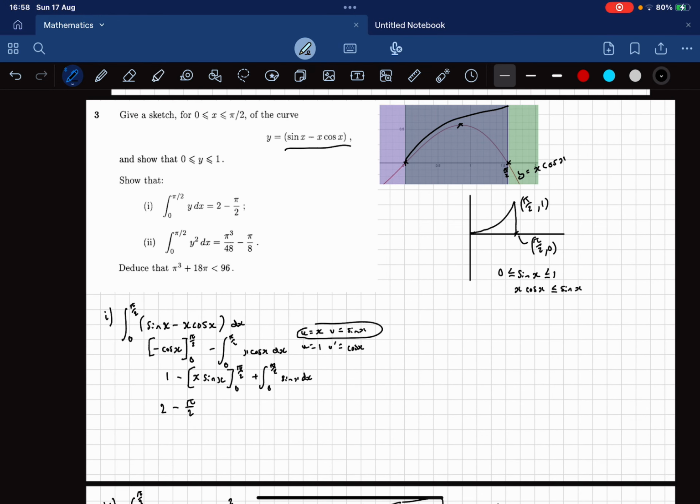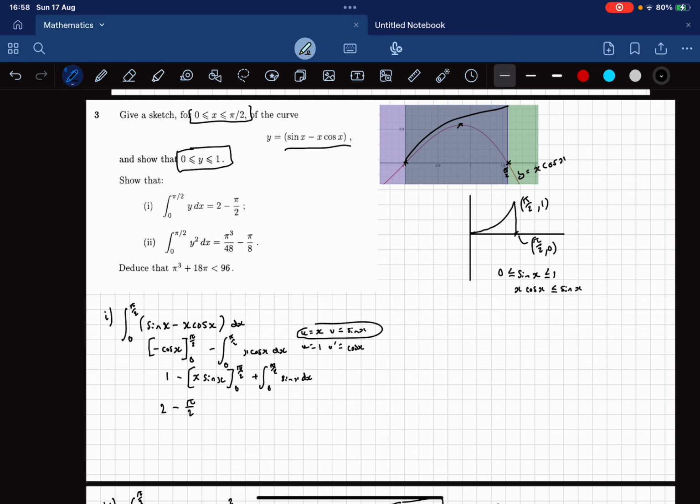Alright, perfect. So now we need to deduce this. So what's very useful here is, like many step questions, it links back to this first part. Because we're in this domain, or range within this domain, so let me explain that more coherently. When x is in this domain, y will be in this range. When y is in this range, y squared is always less than y.